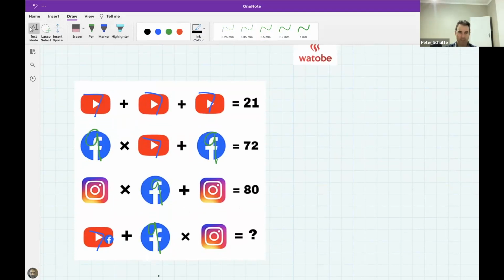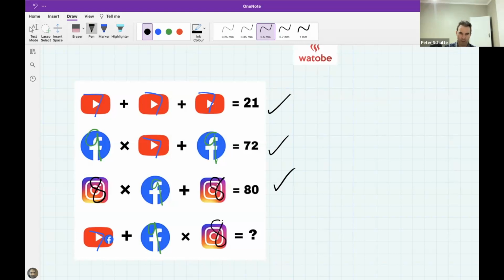Now, how much is an Instagram worth? So, it helps to know your times tables here. So 8, Toboko said 8. So 8 times 9 is 72, and then plus another 8 does indeed give me 80. So we've got these 3.